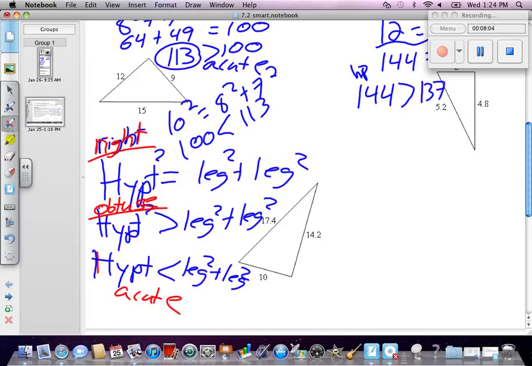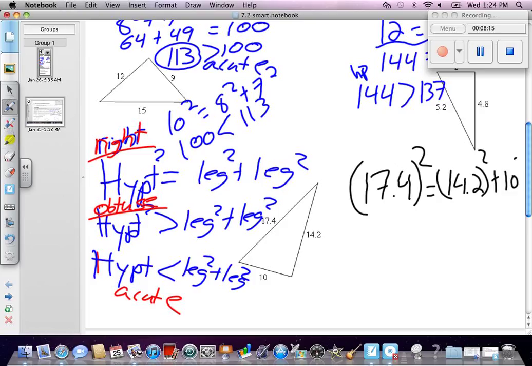Okay. So we're going to take the hypotenuse. That equals 14.2 squared plus 10 squared. Okay? So we're going to take 17.4 squared. Is this a Pythagorean triple? Why or why not? Because it's got decimals. Pythagorean triples cannot have decimals. They have to be integers.